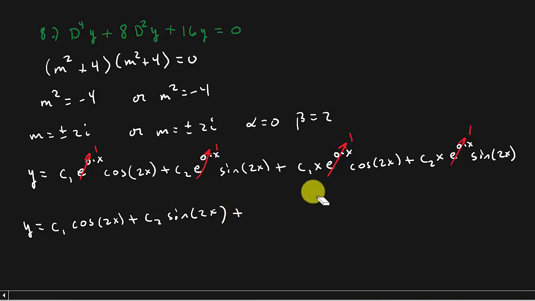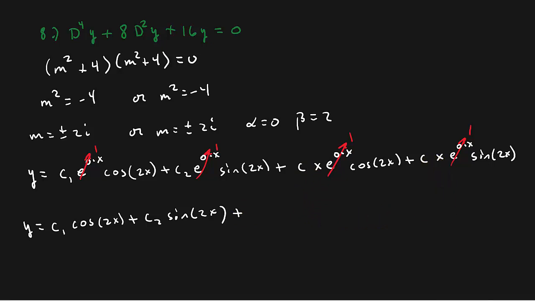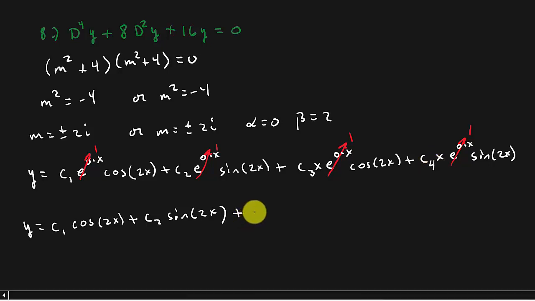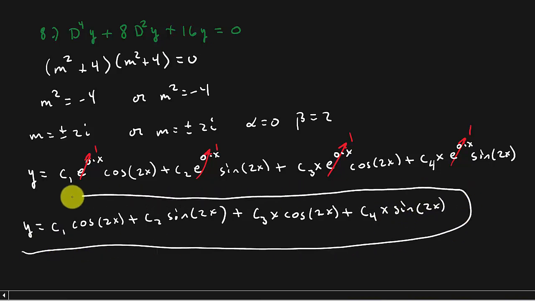Whoops, I messed up again. I got c1, c2, that should be c3, and that should be c4. Luckily, I caught it. I would have heard that in the comments. Then we've got c3x cosine 2x plus c4x sine 2x. And this would be your solution.